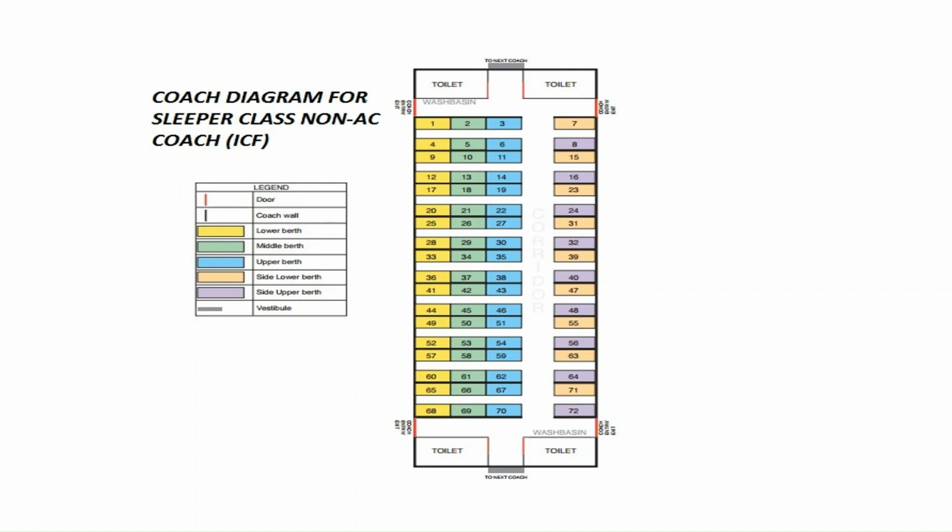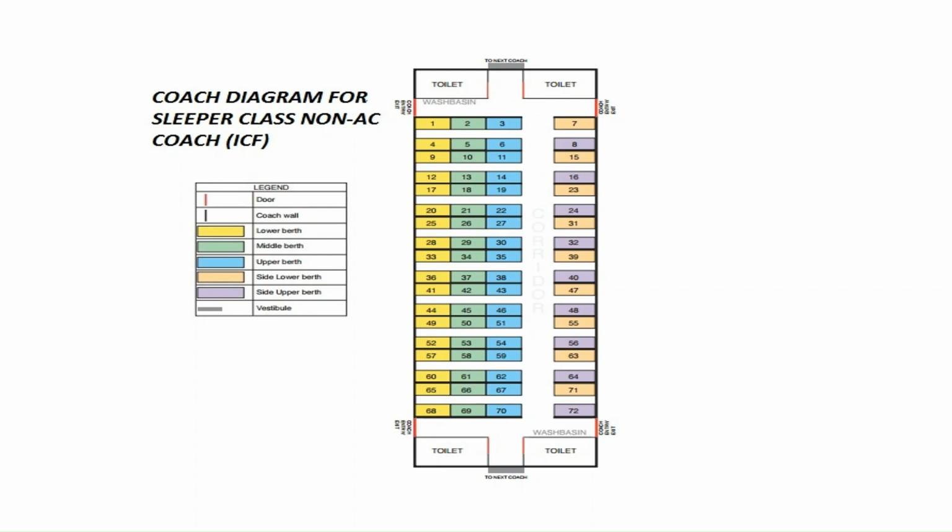The blue denotes the upper berth with seat numbers 3, 6, 11, etc. up to 70. The side lower berth has 7, 15, 23, 31 as seat numbers. And similarly, the side upper berth has seat numbers 8, 16, 24, 32 like that.